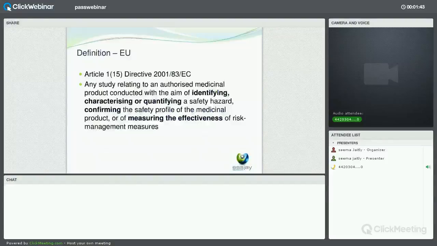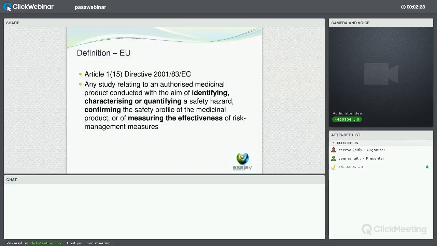So if we look at the definition, it comes from the amended Directive 2001/83, Article 1, and the definition here is any study relating to an authorized medicinal product and really related to identifying, characterizing, quantifying a safety hazard or confirming a safety profile of the product, or, importantly, a measure of the effectiveness of risk management measures. And certainly that seems to be where a lot of companies are having difficulty with regards to measuring effectiveness of risk management measures.